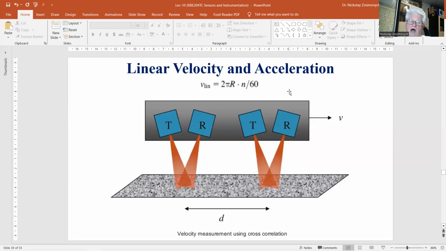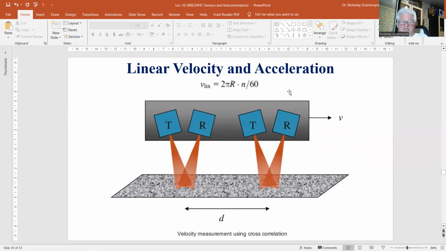The method is rather inaccurate because slip and wear of the wheel introduce measurement error. Alternative approaches adopt the measurement and correlation, both to be implemented by optical sensing.